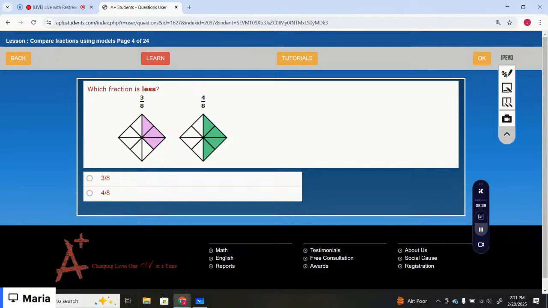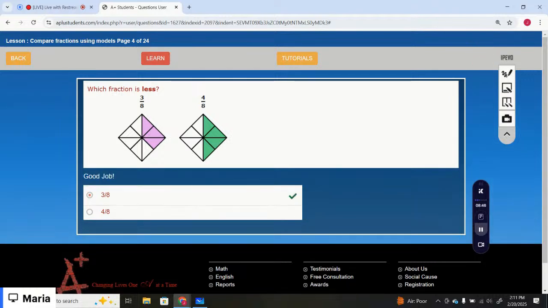That is 3 by 8. Option number 1 is the correct option. Very good. 3 by 8 is less than 4 by 8.